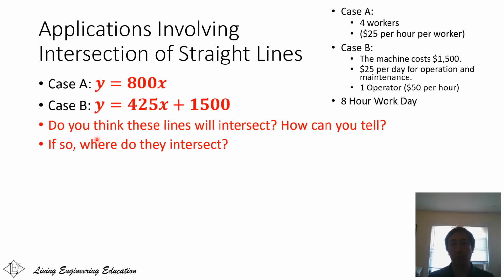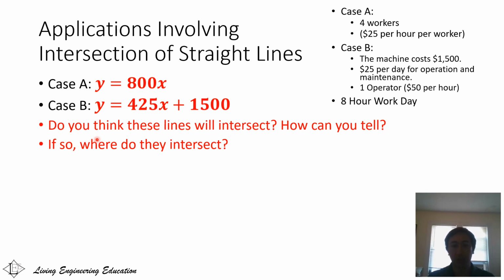Both slopes are positive values, so they're both growing. Case B starts off higher, 1,500, and it's growing at 425, dollars per day. That's slower than the rate that case A is growing, $800 per day.